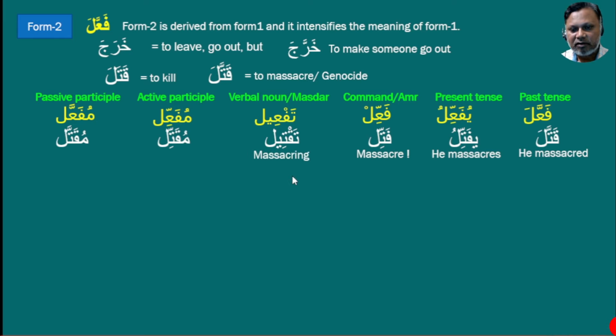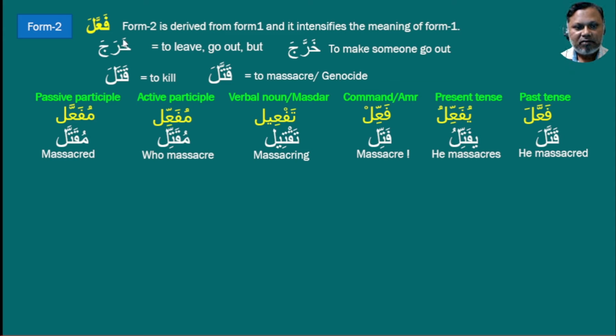And the verbal noun will be massacring, taktil. Taktil means massacring, the verbal noun or masdar. The active participle meaning is one who massacres. Mukattil means one who massacres, and mukattal means massacred, the passive participle.